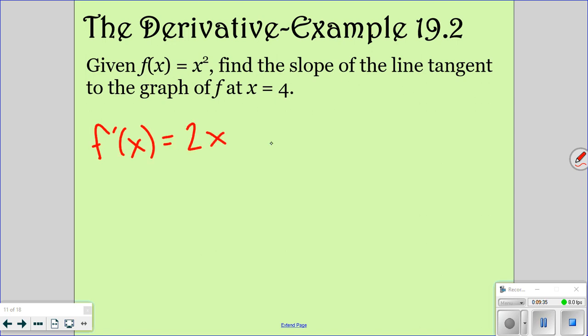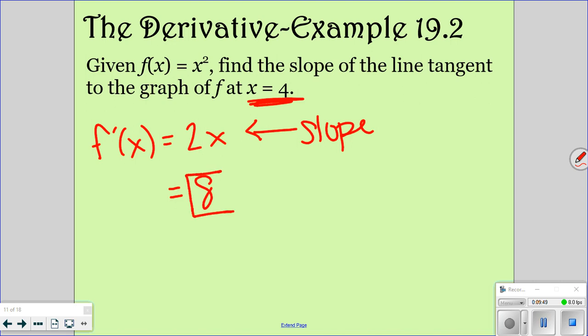Our derivative was 2x, and this is your slope. And it wants to know when x is 4, what is our slope? Well, all you're going to do is plug in a 4 here, and so that's going to give you an 8. And so 8 is your slope. So you don't have to rework to find the derivative. We just found it, so use that information and then just plug in 4.